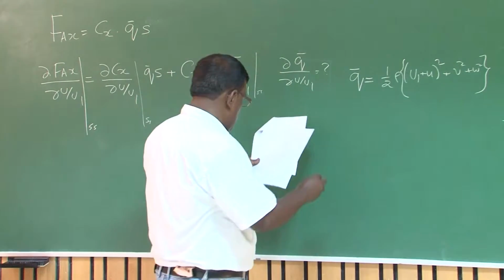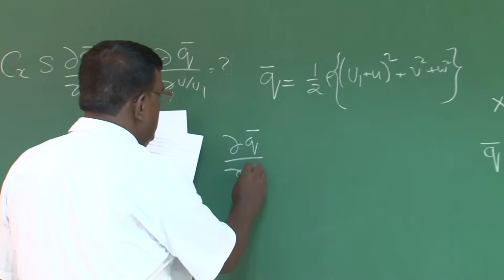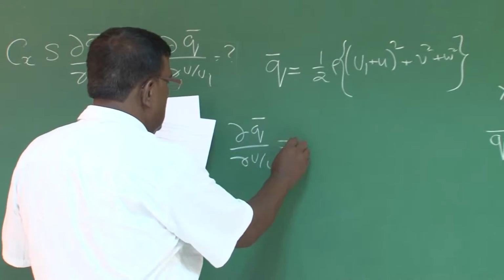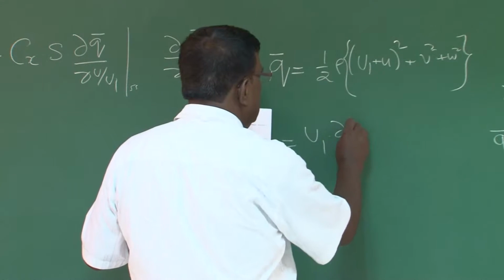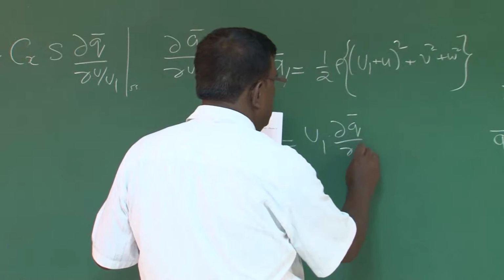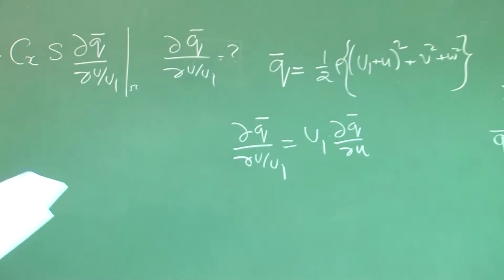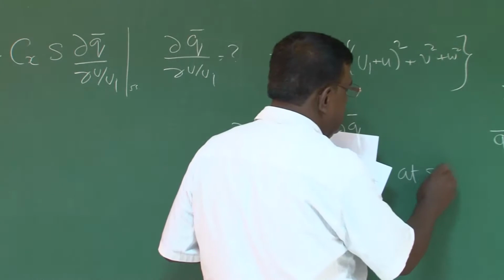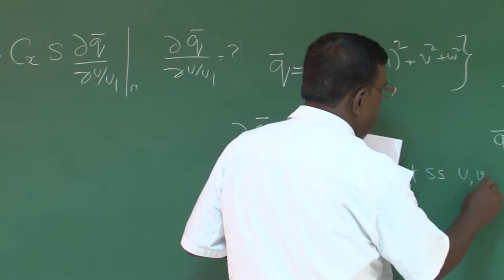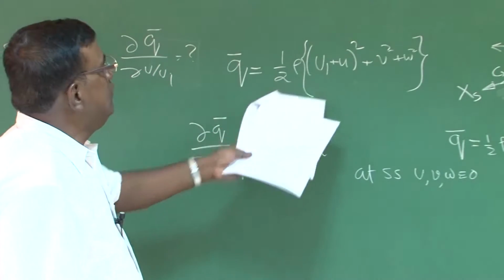So if I write dq bar by d(u by u1), I will write it as u1, which is constant, times dq bar by du, and I can differentiate this and put the condition that at steady state u, v, w are all 0. I take the differentiation with respect to u.